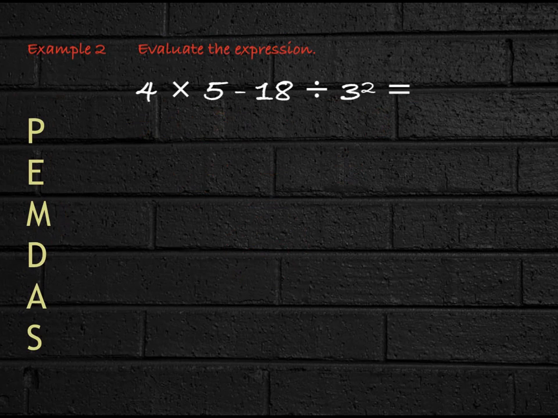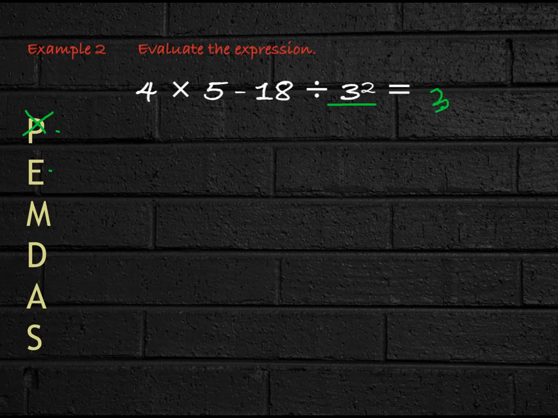Let's look at a different example. Okay, example problem number 2. Again, first thing we're going to do is we're going to look for parentheses. We don't see any, so we can move on to our next, which would be exponents. I do see an exponent right here.